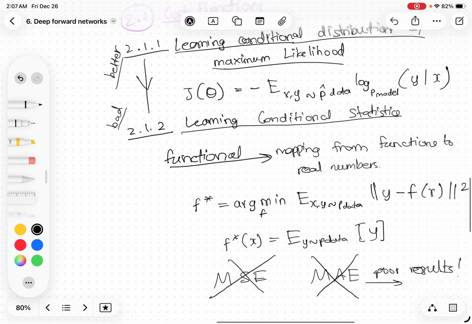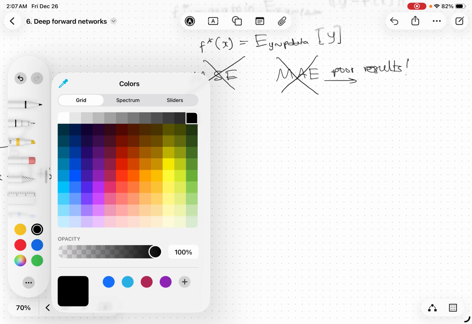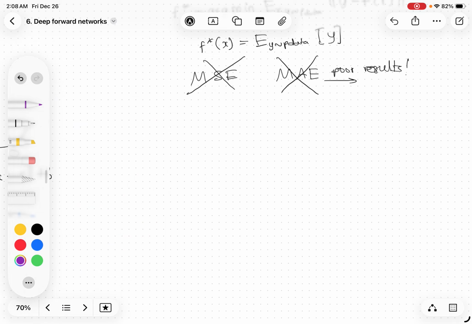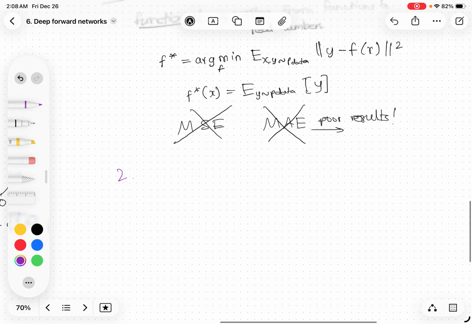Now coming to the second one here. We just talked about cost functions. Let's talk about output units.